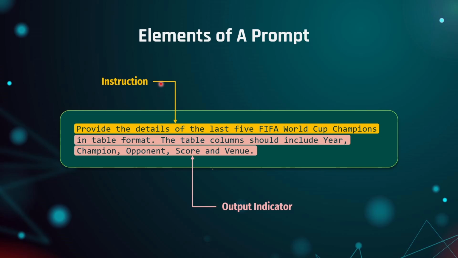And although not mandatory, output indicator was the very reason we got our output in a more readable format, right? So instead of listing down the output, ChatGPT, just because of this output indicator, provided output in a more organized way. And now let us see another element.